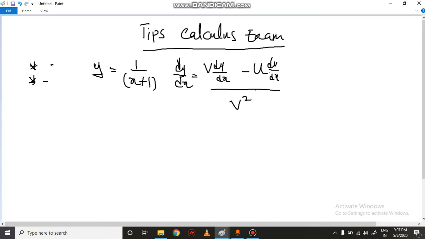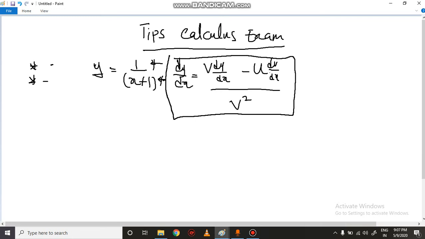Let's just use it, which will make this your v and this your u. But note, when you use this approach to solve this question, you get the same answer as the right answer, but you'll be marked down.